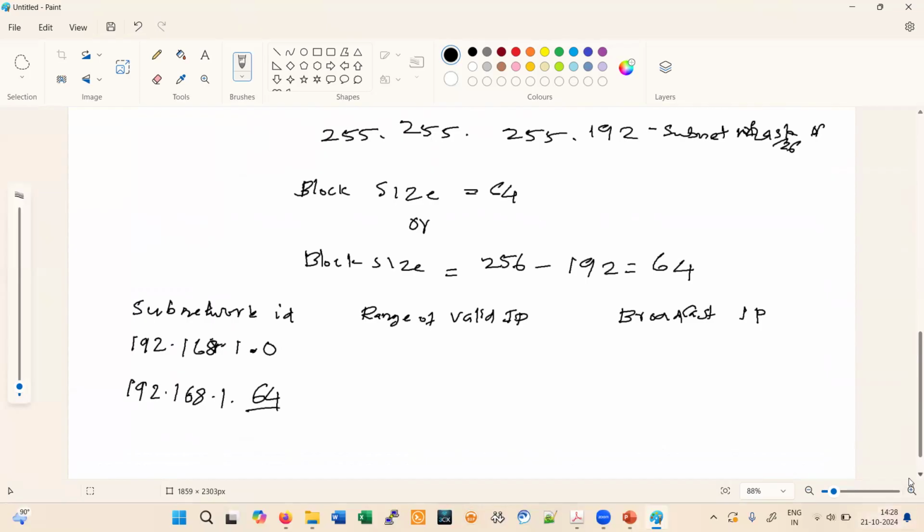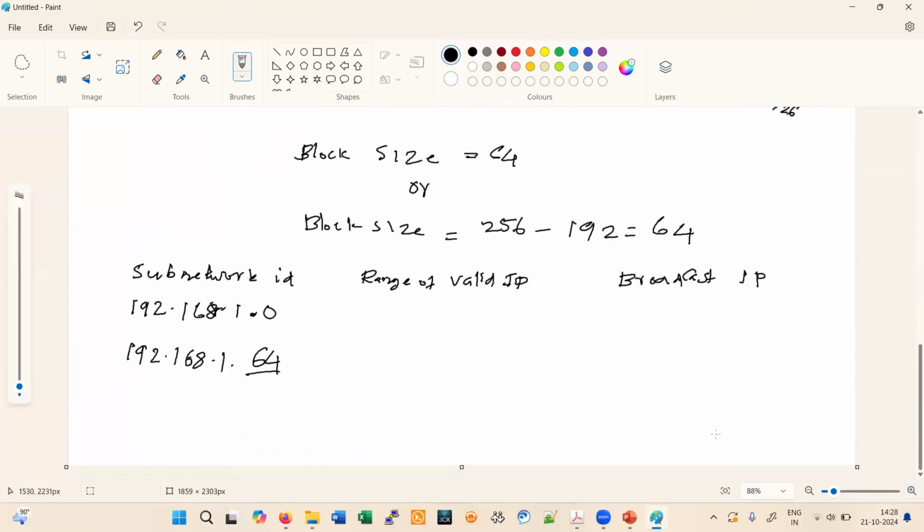So the next, third network ID of the networks. The network ID of the third network would be 192.168.1 dot, add 64 again, and it would become 128. And the last one would be 192.168.1.192.